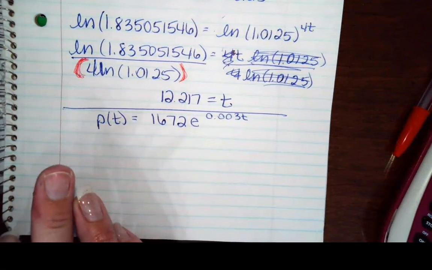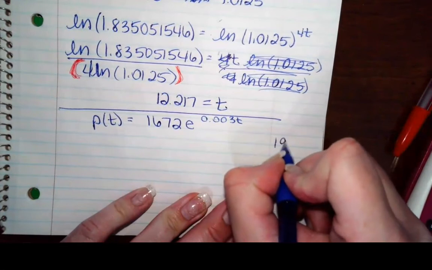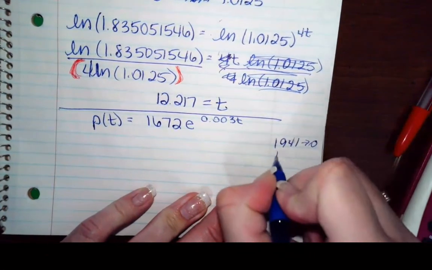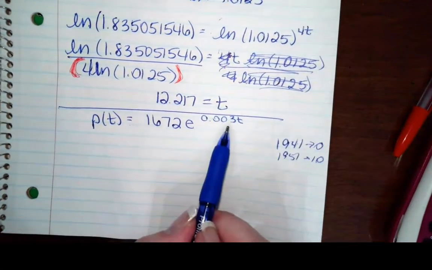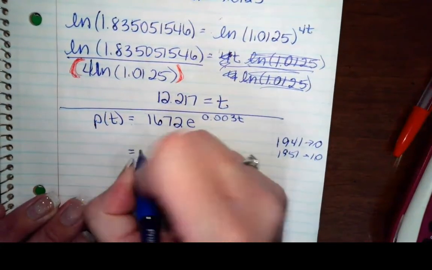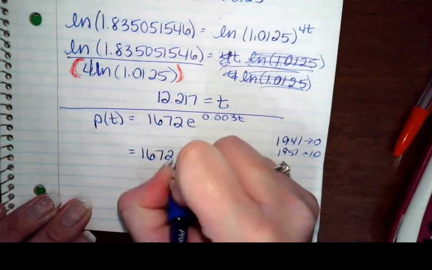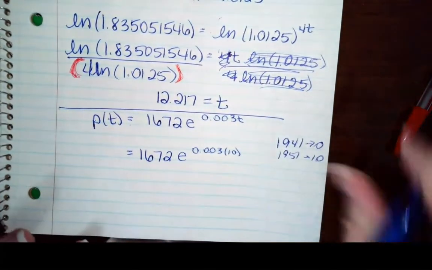Use this formula to calculate the population in 1951. If 1941 is 0, then 1951 must be 10. There's only one variable, t, so I'm going to put in a 10 in place of t. So I've got 1672 times e to the 0.003 times 10.